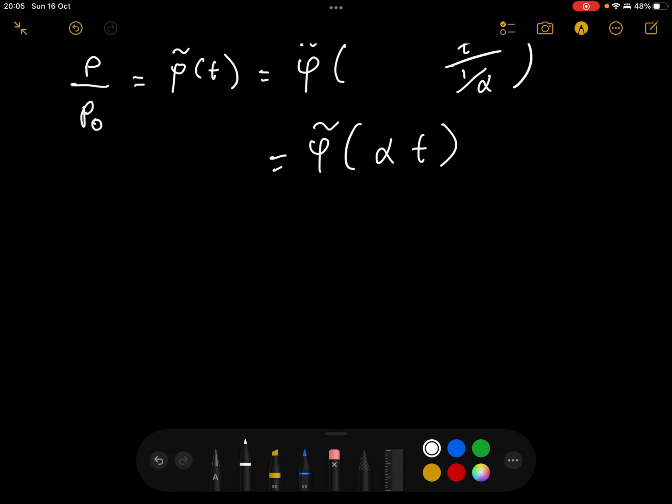And so you see that the population must have a function, or a solution to the population differential equation must have a solution of the form P naught times psi tilde of alpha t, where psi tilde is some function.